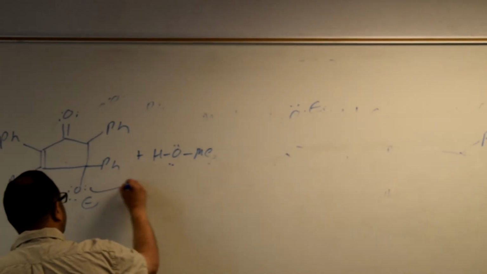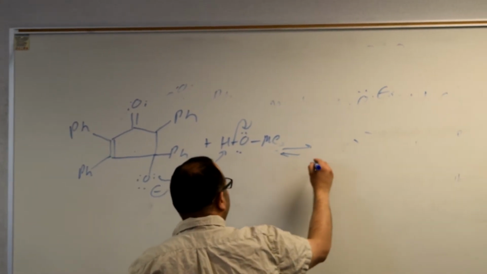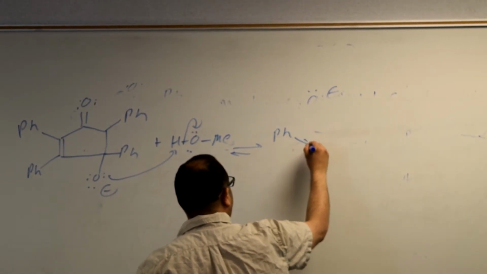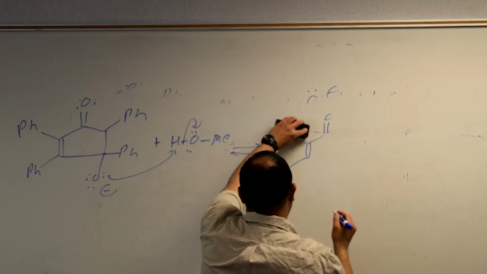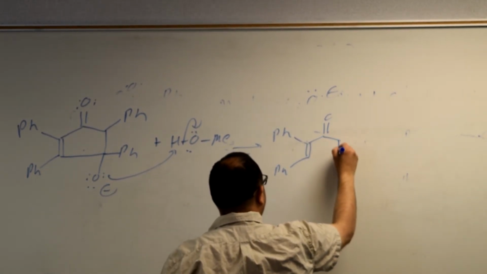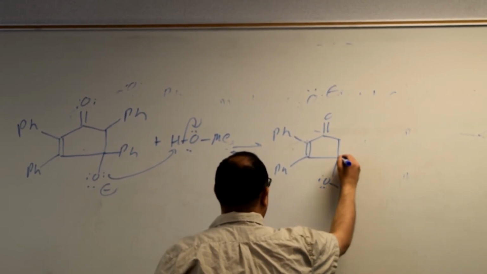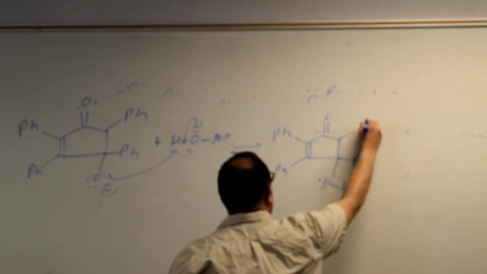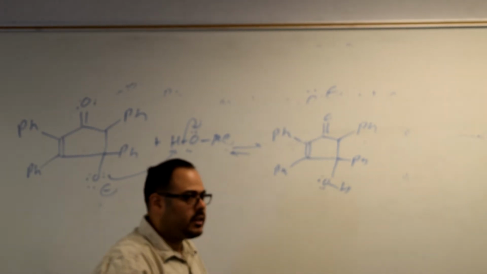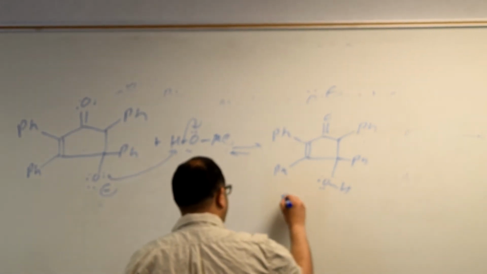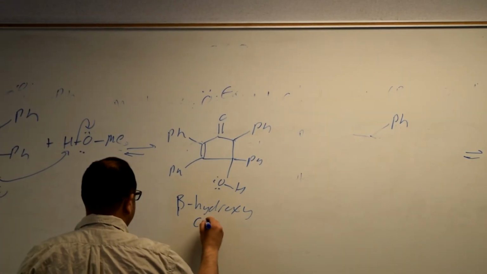So at that point, you're going to protonate just like we did before. So then that'll give us this intermediate, like this, where it's OH and phenyl. And now we can proceed to your E1CB reaction because now you've got your beta hydroxy carbonyl compound.